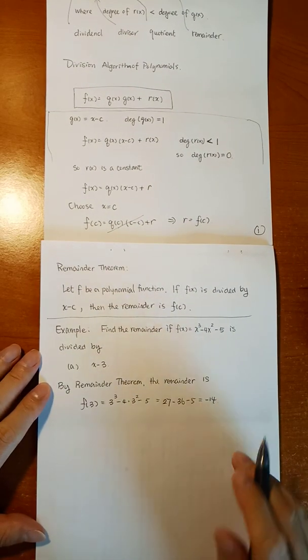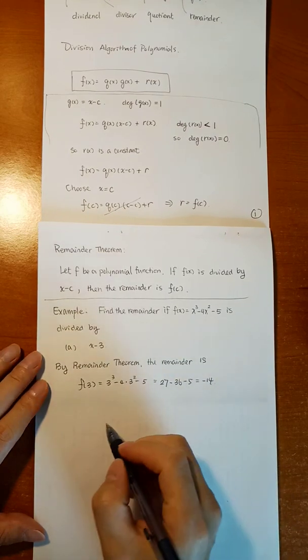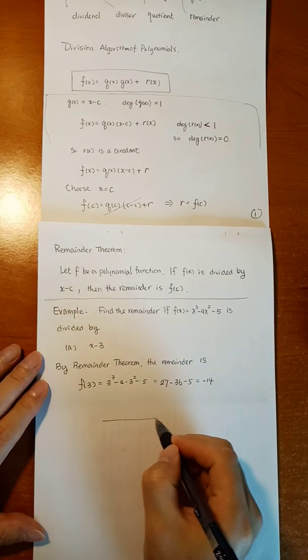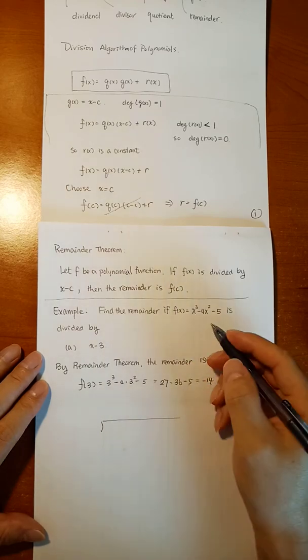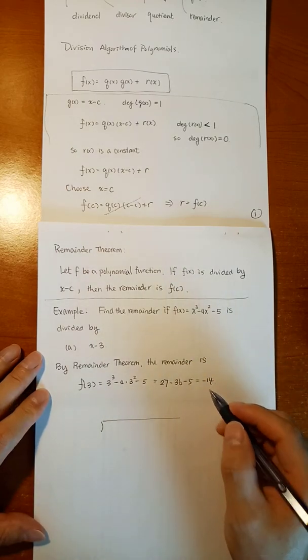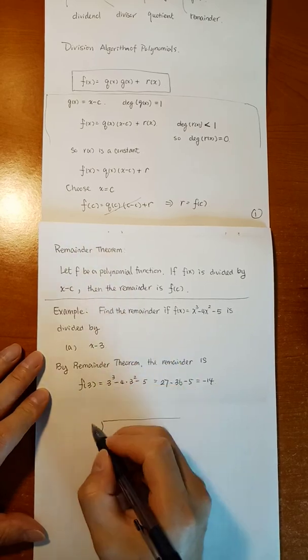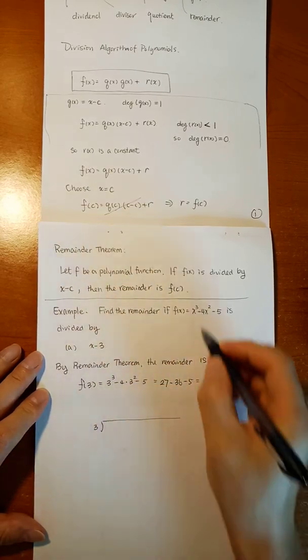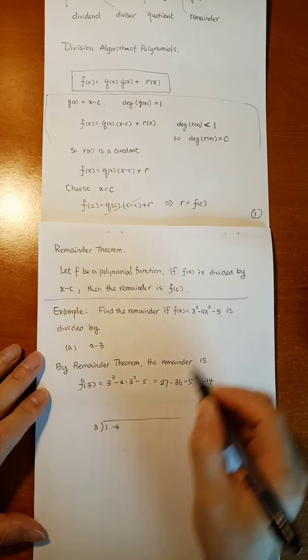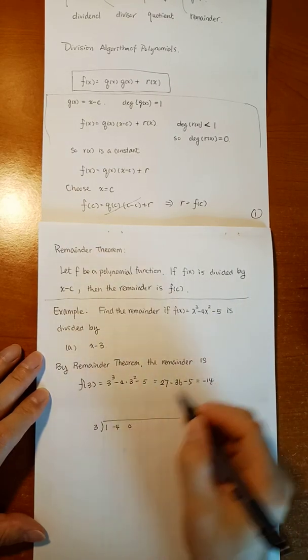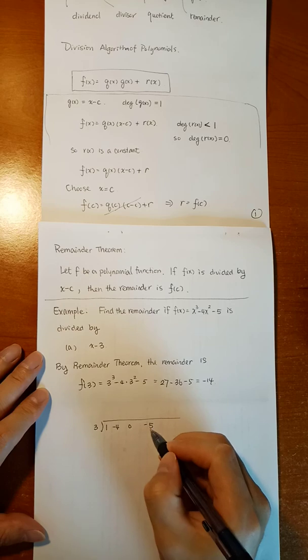We can verify it. How do we verify it? Remember that there's synthetic division. Let's try synthetic division, see if we get negative 14 here. So x minus 3, so you put 3 here. You copy the coefficients: 1, negative 4, there's no x term so 0, negative 5.